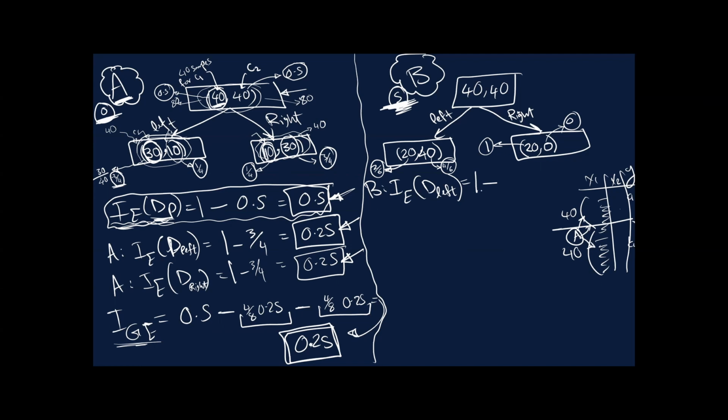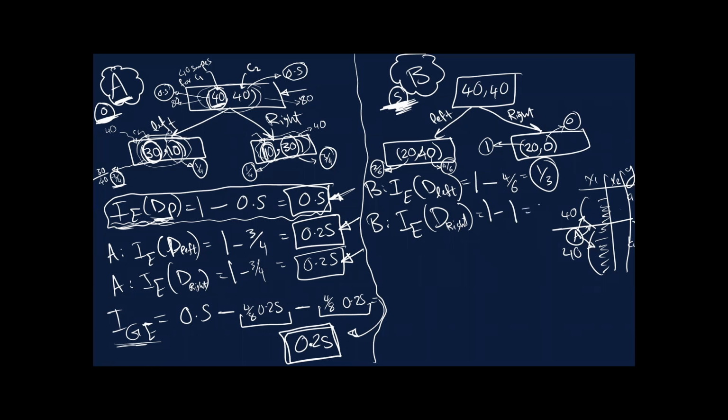Now we see the maximum of them. So what is the maximum value of these two probabilities in the left child? It would be 4 over 6. And this will give us 1 over 3. And for condition B, the right child would be 1 minus the maximum of them, which is 1.